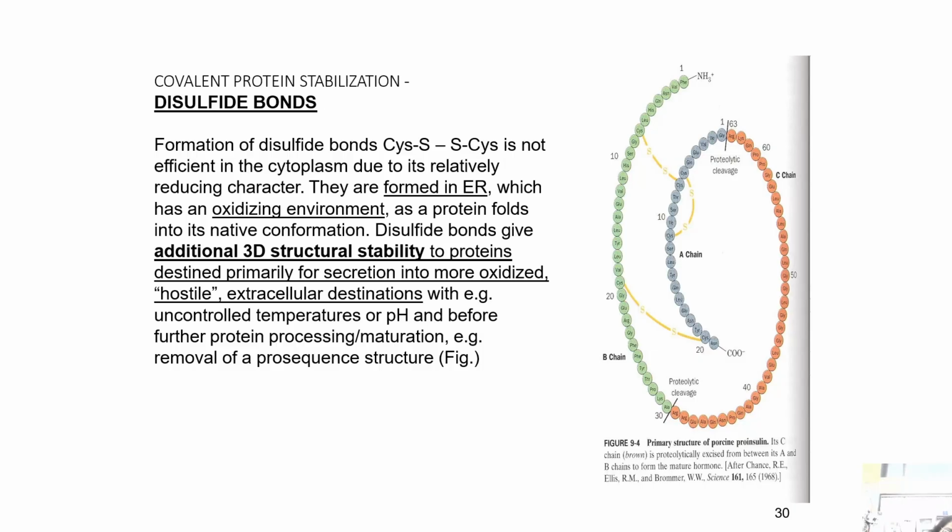So disulfide bonds give additional 3D structural stability to proteins destined primarily for secretion into more oxidized, hostile extracellular destinations with, for example, uncontrolled temperatures or pH, and before further protein processing or maturation, for example removal of a prosequence.